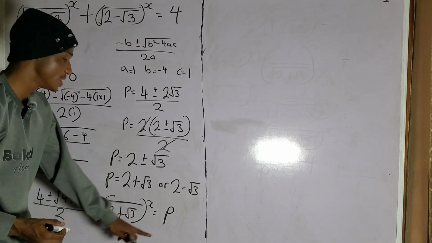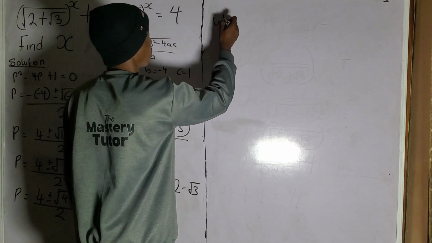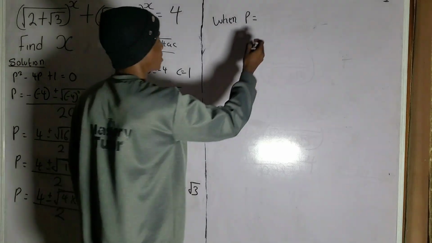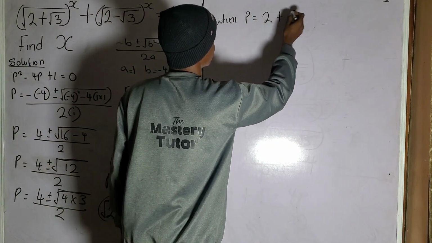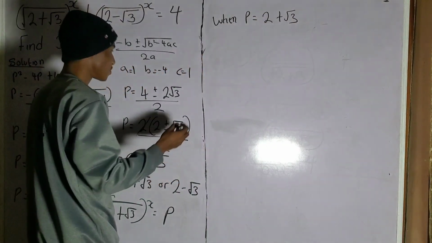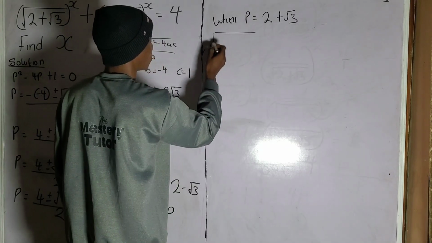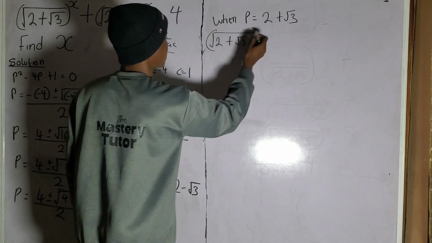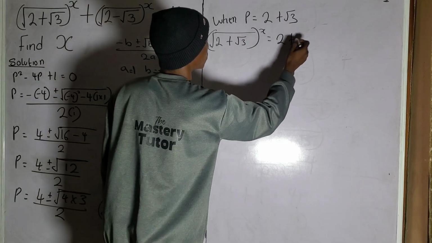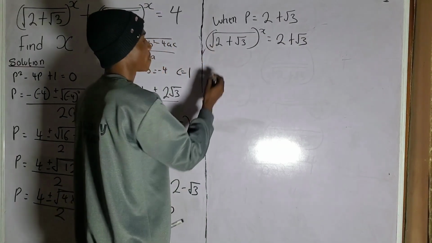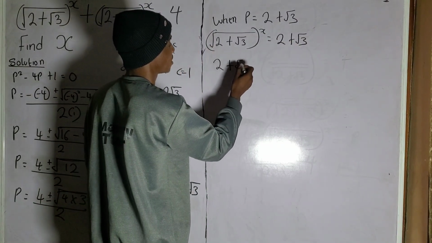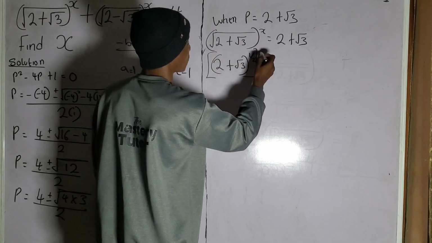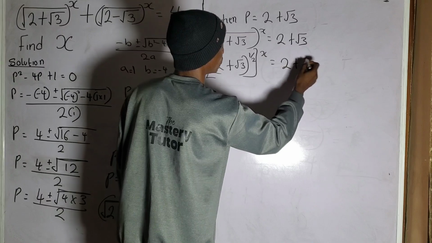So therefore, when p equals 2 plus root 3, I'm going to have square root of 2 plus root 3 raised to the power of x equals 2 plus root 3, right? Now, I'm going to have 2 plus root 3 raised to the power of 1 over 2 raised to the power of x equals to what? 2 plus root 3, right?